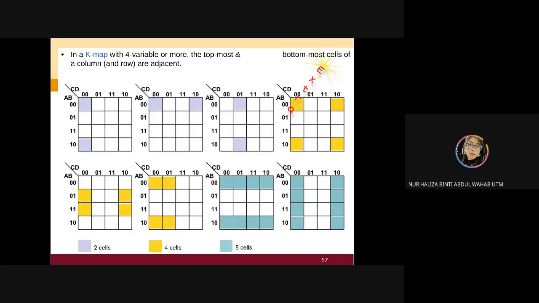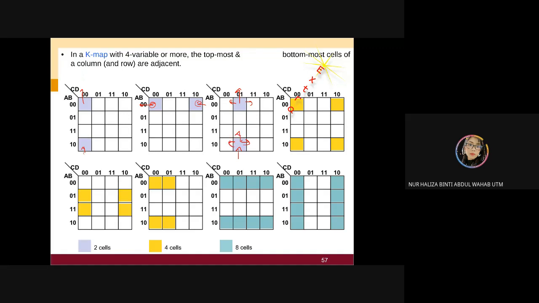Okay, now you can see there is a lot of things that you need to know. But as long as you know how to see the adjacent, it's easy for you. If you have here, then you know that the adjacent will be also beside here. If you have here, you can see also the adjacent will be beside. If you have here, your adjacent will be also here. But it also includes this one, atas, bawah, kanan dan kiri.